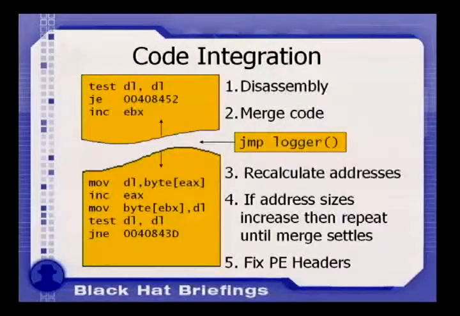And things to consider when you're fixing those is if you have relative 8-bit addresses from -128 to 127, you have to change all those to 32-bit addresses if they go outside that range. So there's certain things to think about. But once that merge settles, then you have 2 code sets, not recompiled, but in the same actual text section.